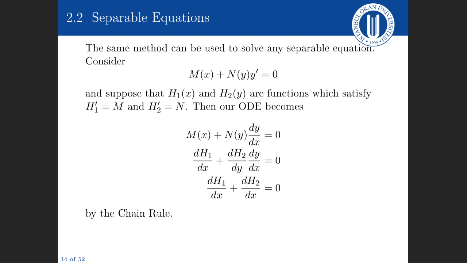Then our differential equation is the same as the derivative of h1 plus the derivative of h2 dy/dx is equal to 0, or by the chain rule, the derivative of h1 with respect to x plus the derivative of h2 with respect to x is equal to 0. Integrating gives the solution h1 plus h2 is equal to c.